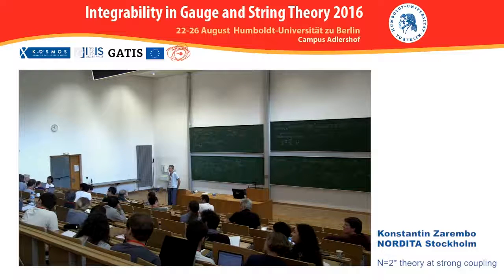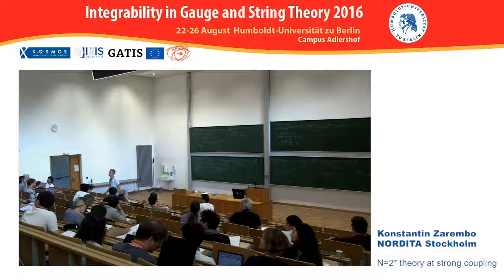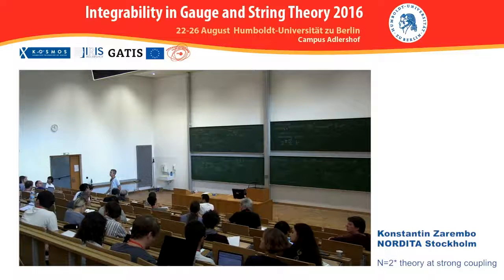Are there any other observables which you can compare? This is a conformal theory. In a conformal theory, we can compare correlation functions, primary operators, and the boundary.